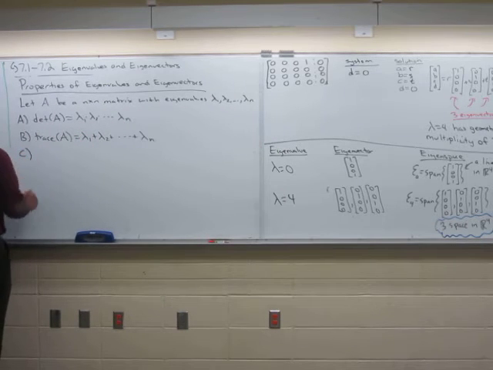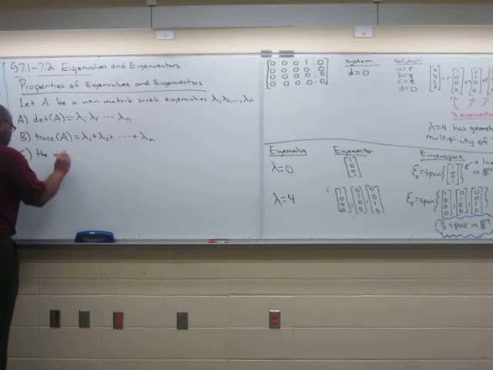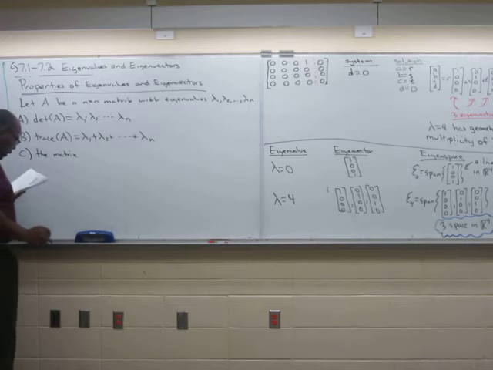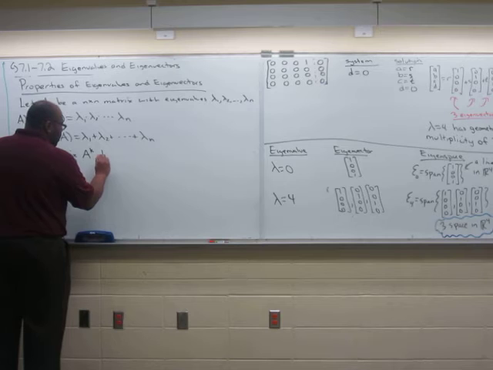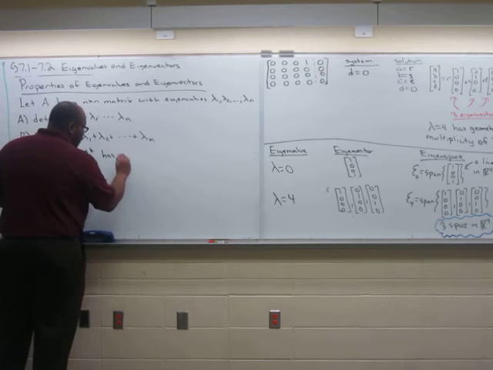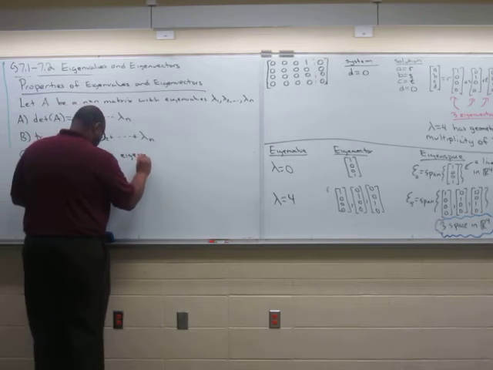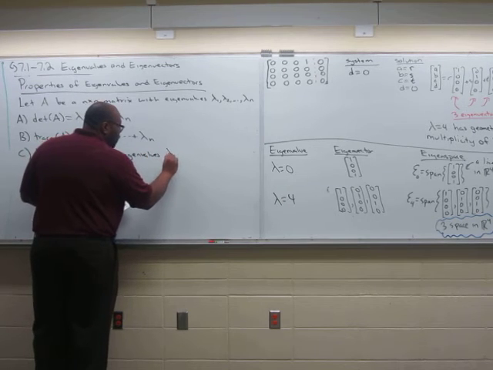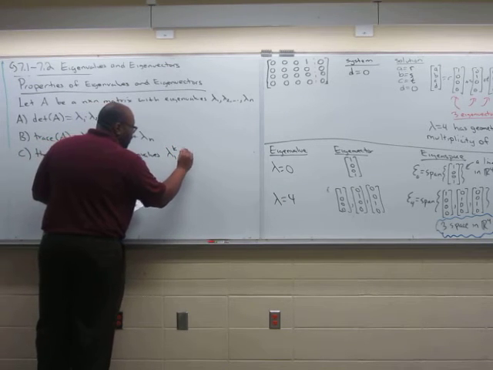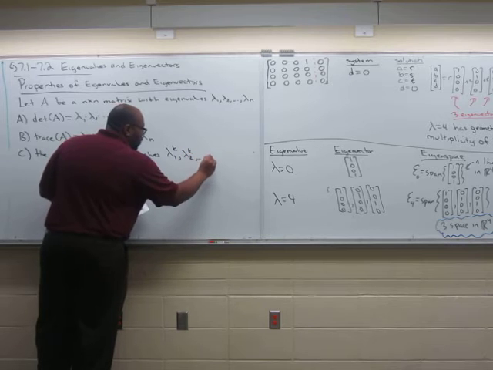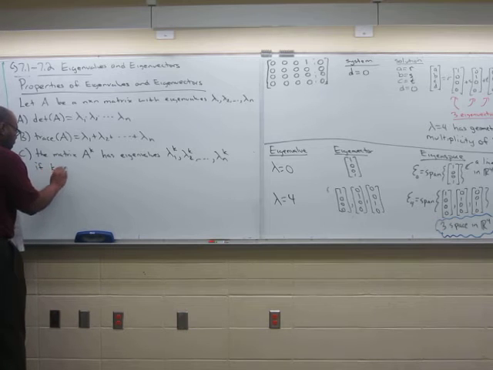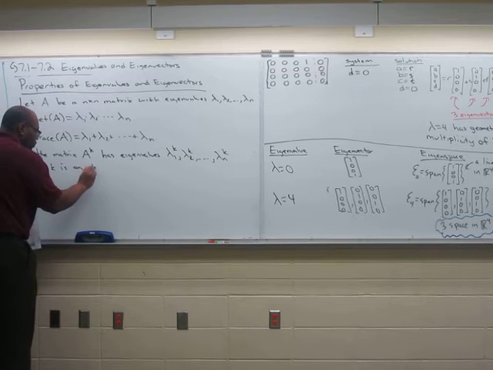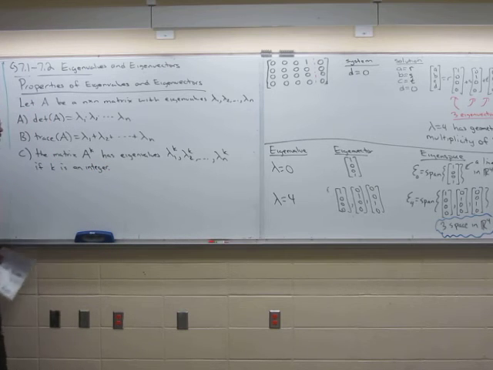C, the matrix A to the K has eigenvalues lambda 1 raised to the power K, lambda 2 raised to the power K, through lambda n raised to the power K, if K is an integer.